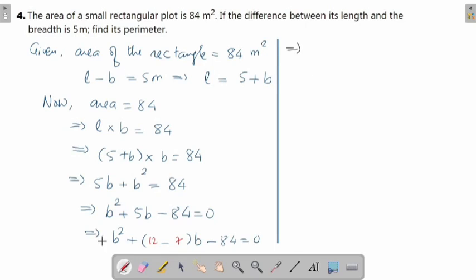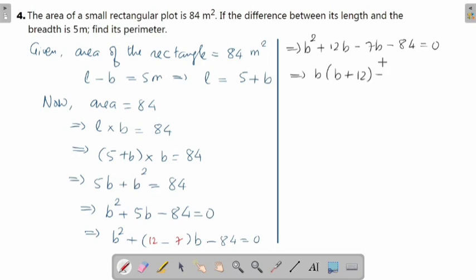Let's see. So we get b square plus 12b minus 7b minus 84 equals to 0. Okay, so you just need to open the bracket. Now what is common in between them? B is common, so you take b common, you get b plus 12, right?